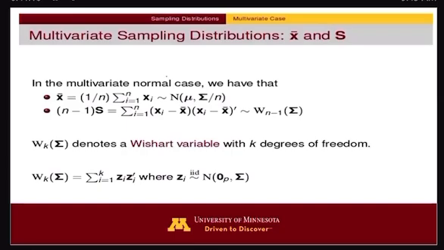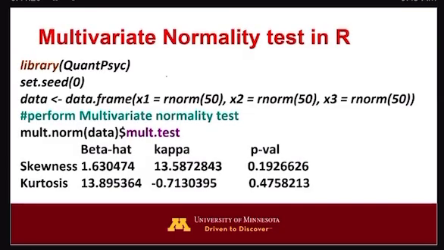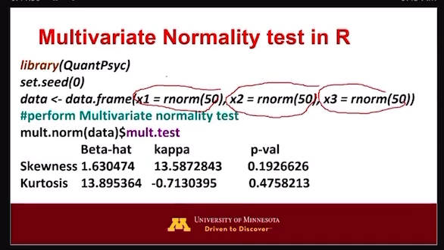Number one is this. I want you to pay attention to this. I'm actually simulating data here. My X1 follows normal, my X2 follows normal, and my X3 follows normal.